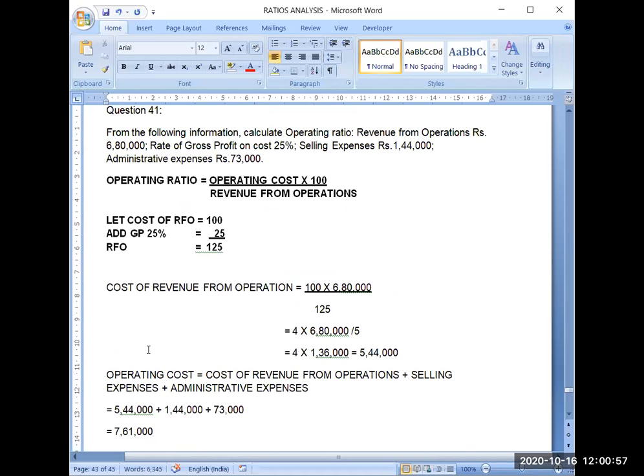So now we have got our operating cost. We also have revenue from operation. So we can now use this formula for calculation of operating ratio.